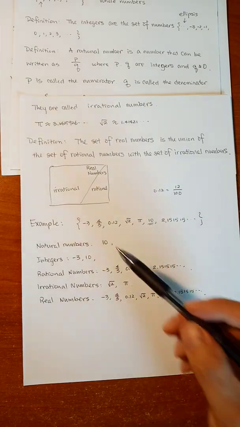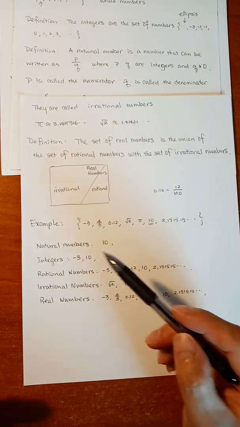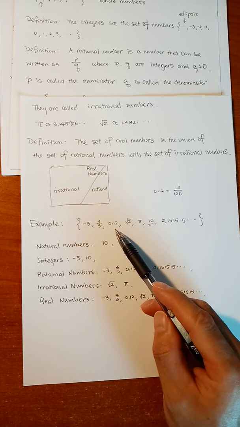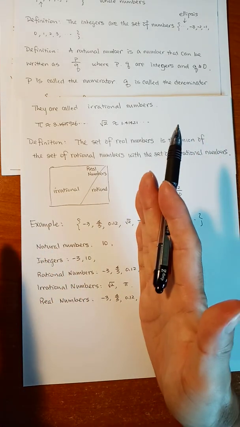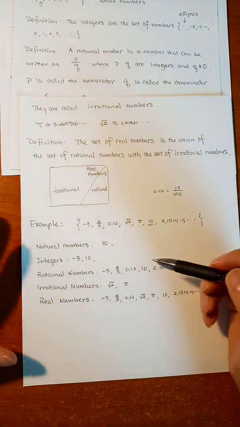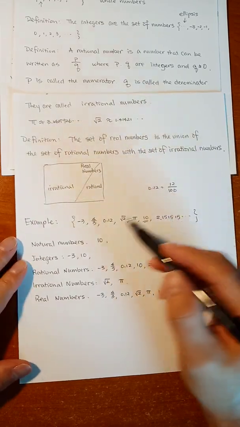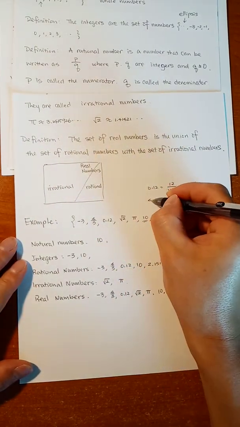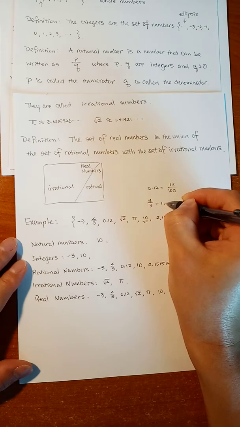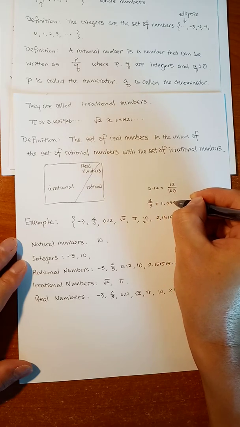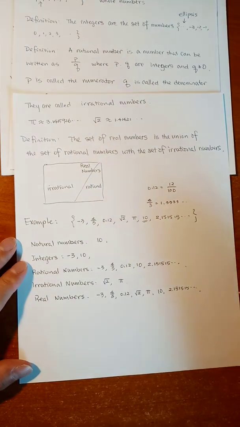Well, we like -3. It's digits, very easy. We like 0.12. I know it stops. It's finite, right? It's easy to understand. Well, 4/3, if you compute 4/3 a little bit, it will be 1.33333 repeated.